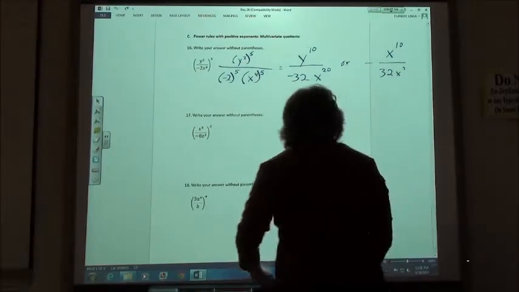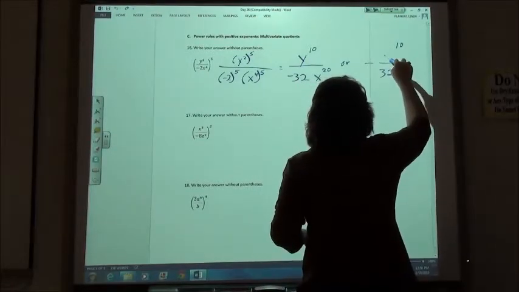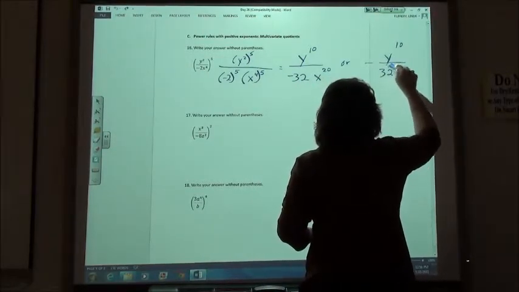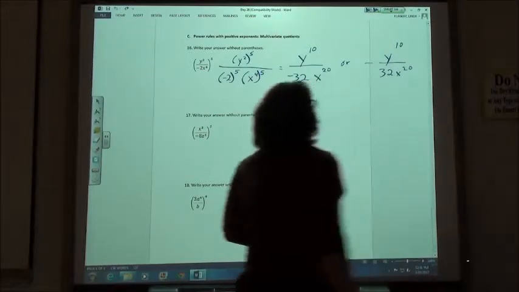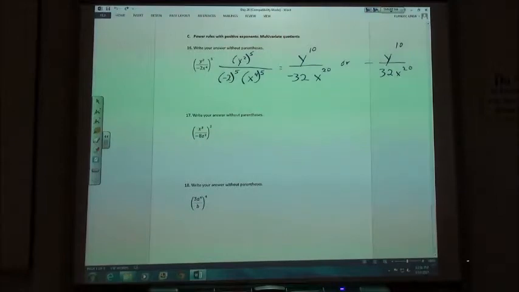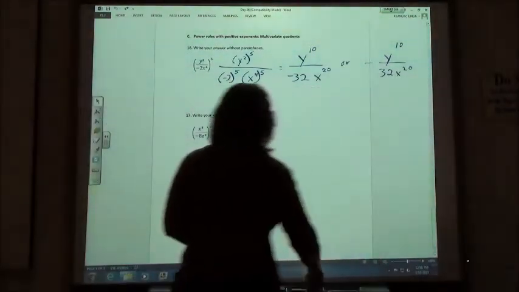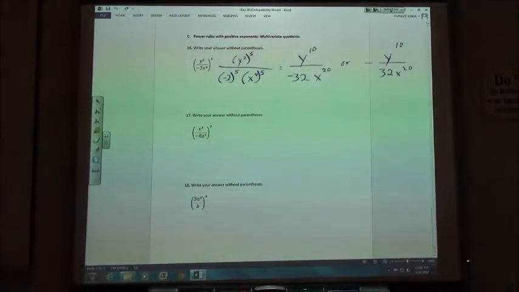Talking and trying to write at the same time. So, y to the 10th and x to the 20th. So it's putting the negative in front of the fraction instead of on the bottom of the fraction. In introductory algebra, it still counts it correct. By the time you get to college algebra, then they start hacking on you. So you want to get used to, if there's a negative on the bottom, I'm just going to put it in front of my fraction.